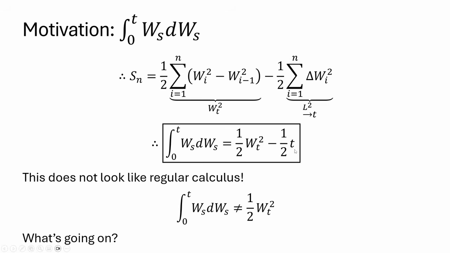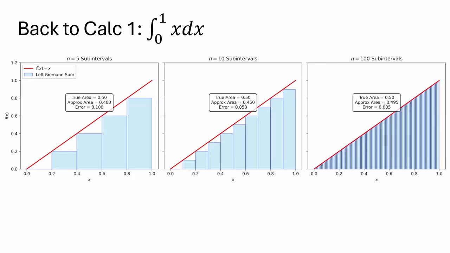Well, the minus half t term comes from the second sum, the sum of second order increments ΔWi squared. So why does the rule of regular calculus not have this extra term? To see that, we have to go back to calculus 1. Let's integrate the function x from 0 to 1. By definition, as usual, we partition the interval 0 to 1 and take the left Riemann sum.